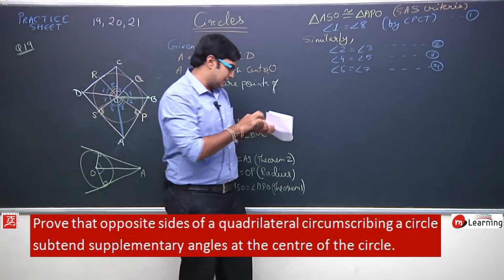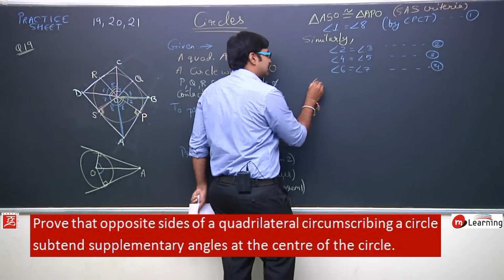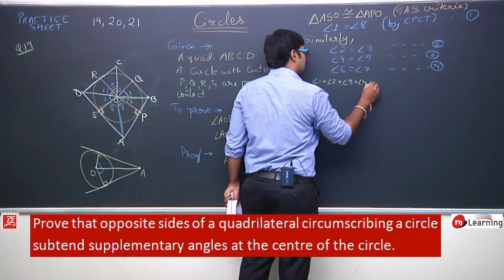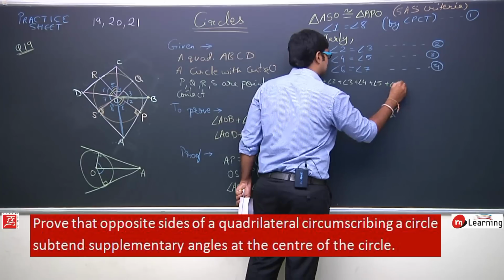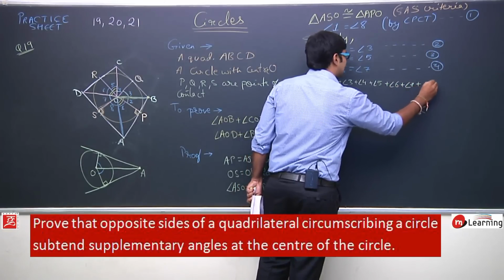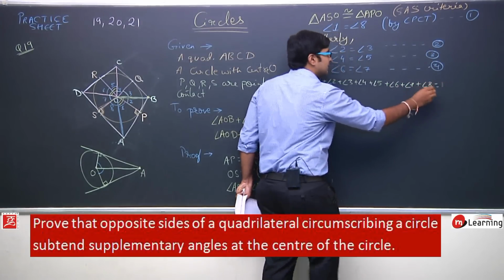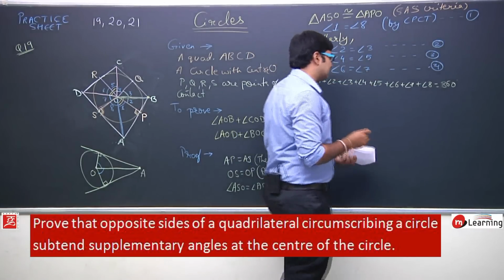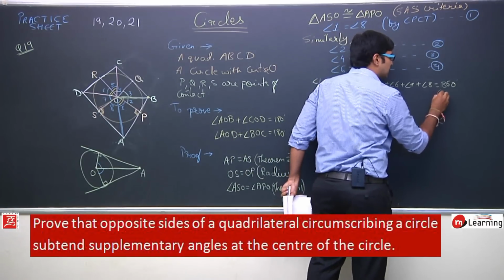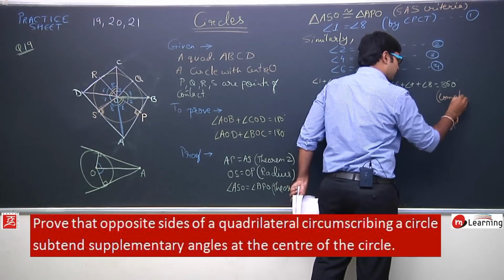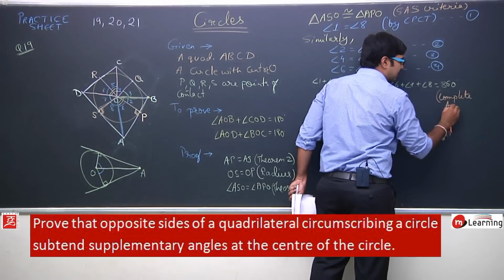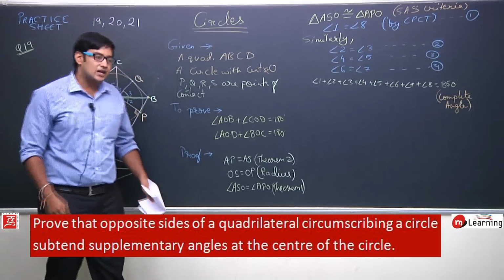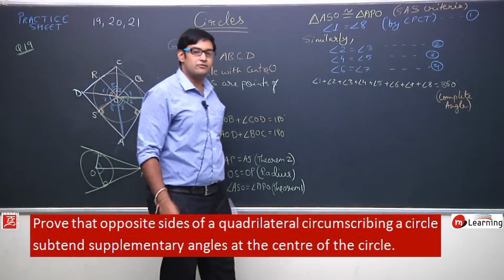So I can say that angle 1 plus angle 2 plus angle 3 plus angle 4 plus angle 5 plus angle 6 plus angle 7 plus angle 8 is equal to 360 degrees, and the reason for this 360 degrees is that it constitutes a complete angle. The term used is complete angle. So these 8 angles constitute a complete angle. This is the condition that we are going to have.